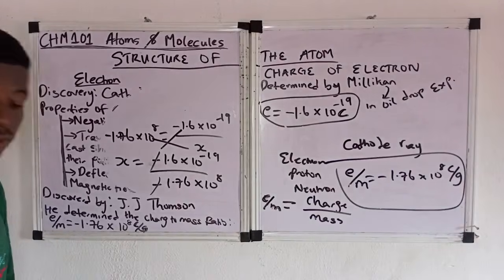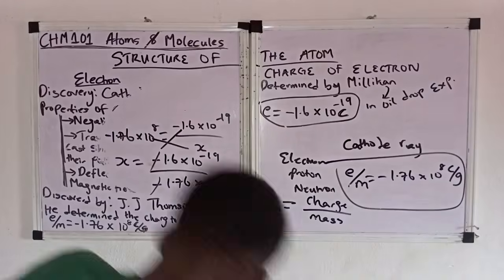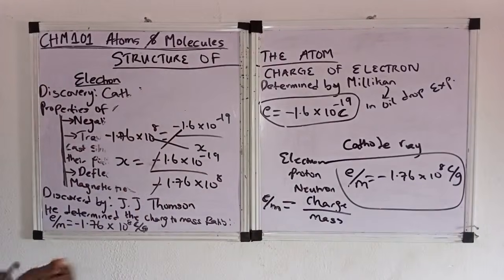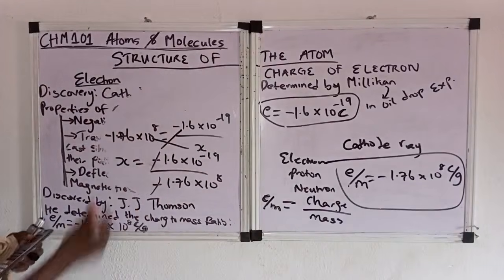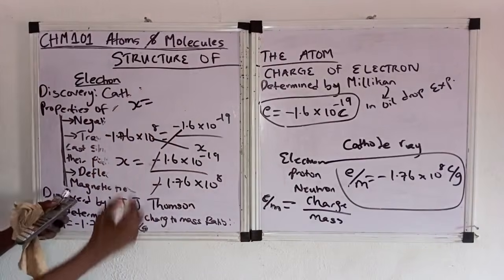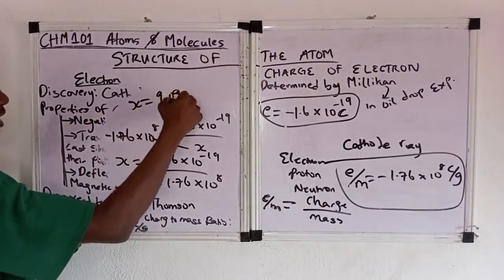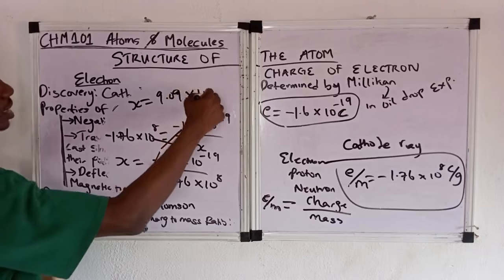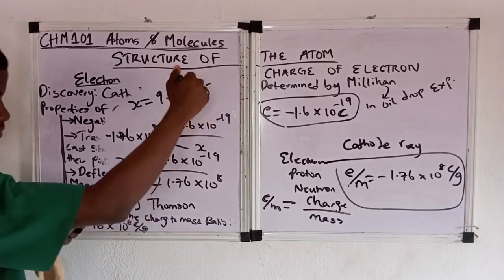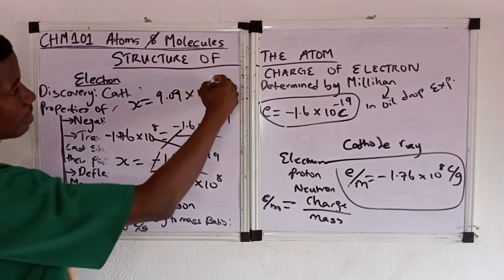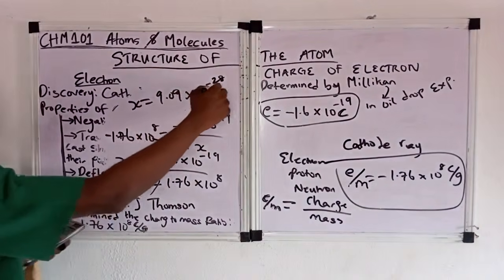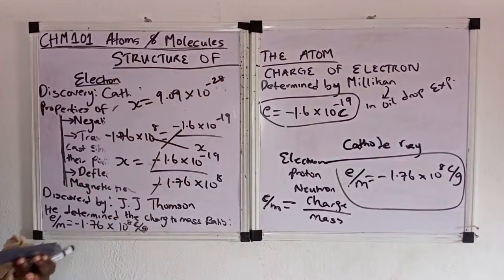When we divide it, we find that the mass of an electron is determined to be 9.09 times 10 raised to power minus 28.